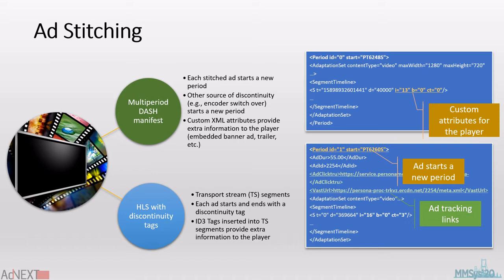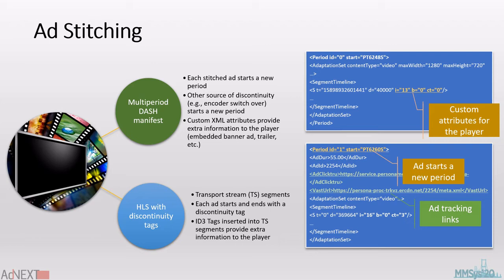We use custom attributes in the DASH manifest file, as you can see here, to deliver extra information to the player. For instance, when a sequence of segments has an embedded banner ad in it, by embedded I mean a banner ad that exists in the original content inserted by the broadcaster, not by our system, the stitcher can mark those segments using these attributes.